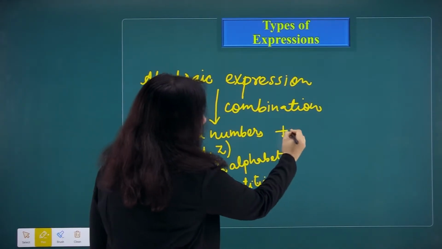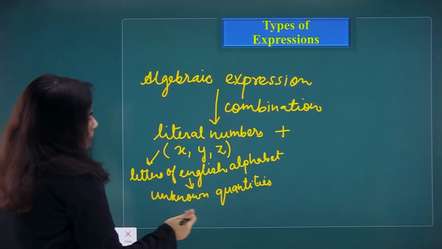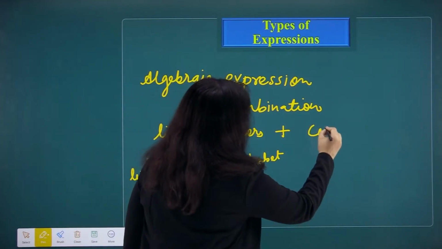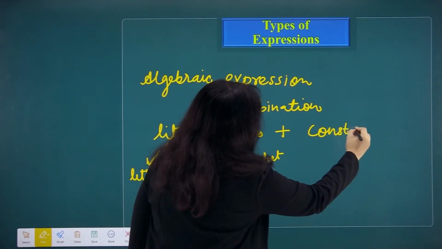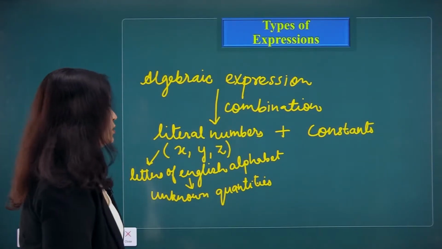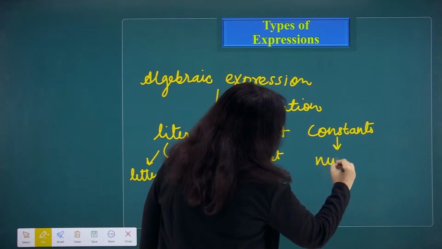It's a combination of literal numbers plus constants. So constants are numerical values.